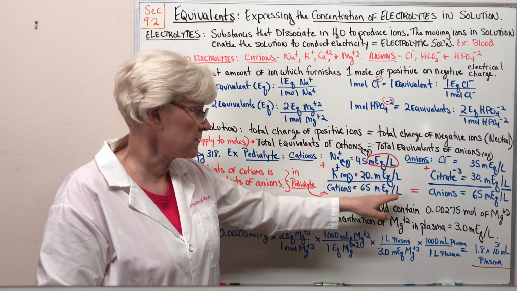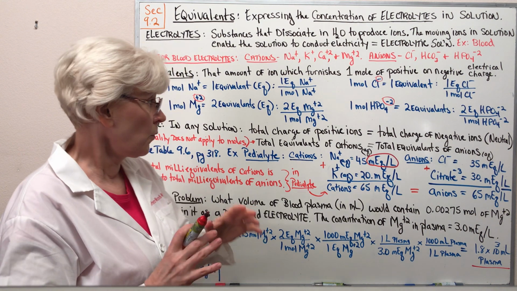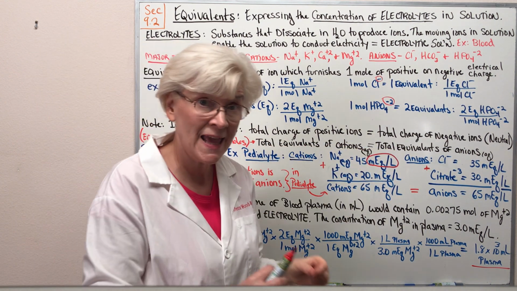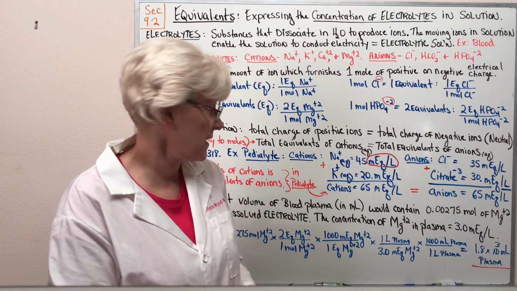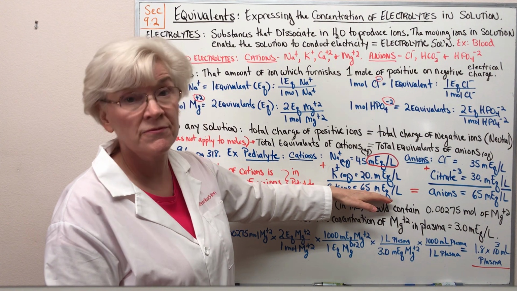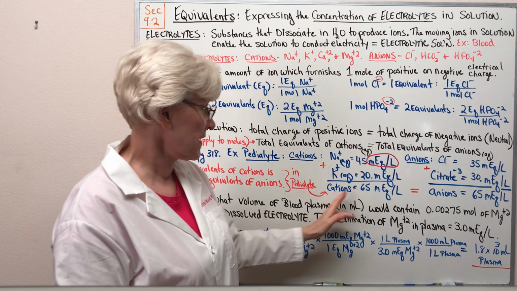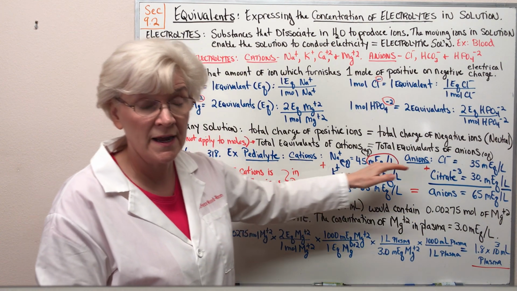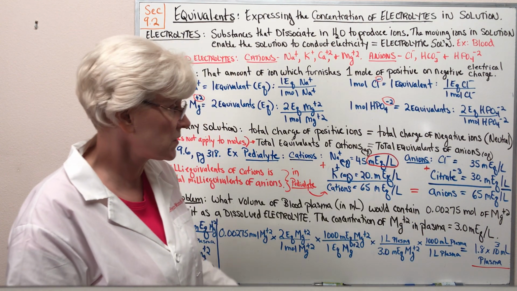65 milliequivalents per liter. What we know is that must mean the total concentration of anions present in Pedialyte must also be equal to 65 milliequivalents per liter, because we have to have equal concentration of cations and anions present in solution.